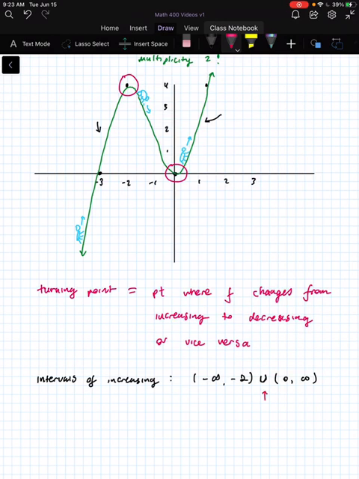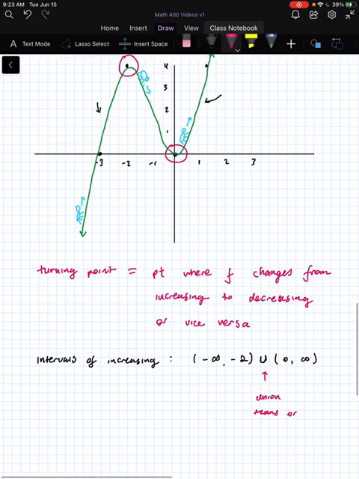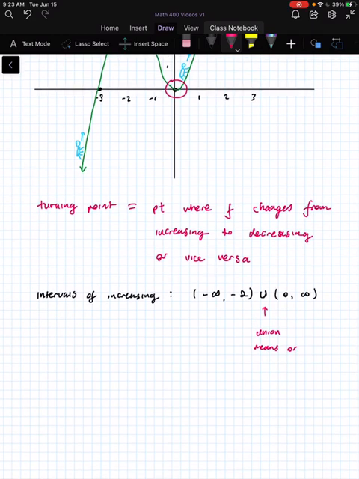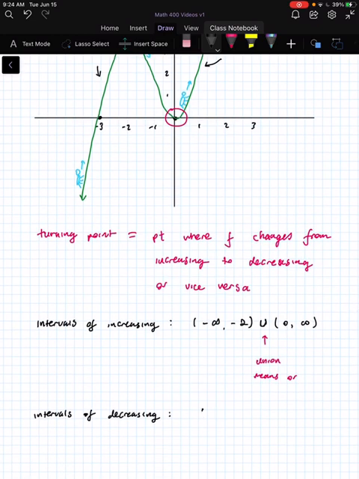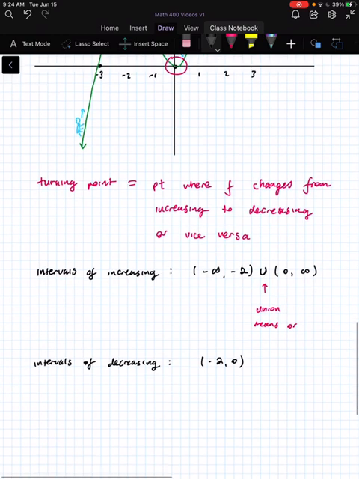The union symbol, by the way, just a refresher, union means or. So we're taking both of these intervals as part of the solution. Now, our intervals, or in this case, interval, because there's just one, of decreasing is where the ant is going down. So that's from negative 2 to 0. And that's it. That's our answer.